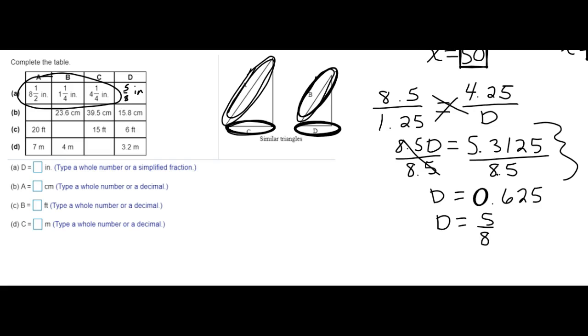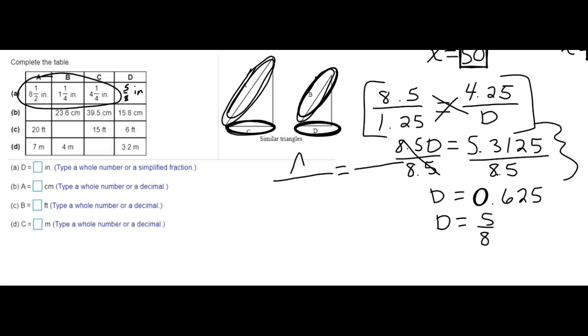For letter B, we're still looking at the same set of triangles, but in this case we don't know A, but I'm still going to use the same ratio proportion equation. So I set it up like this.